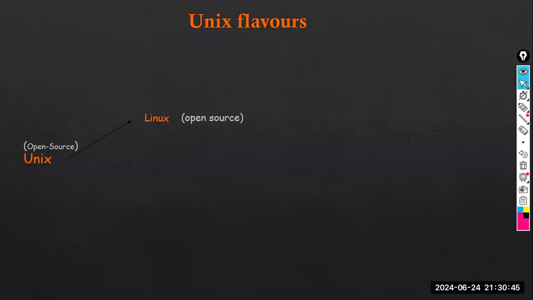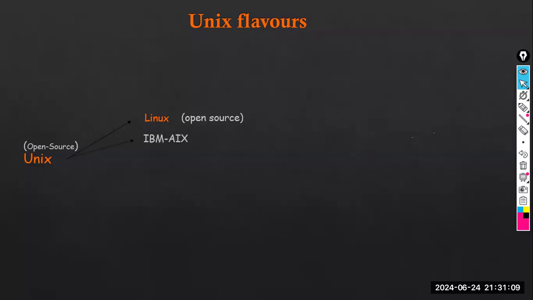So Linus Torvalds took the code of Unix, added some changes, and introduced a new operating system called Linux. But he didn't develop this OS from scratch. The base code he took from Unix, and on top of that, he added the code changes.